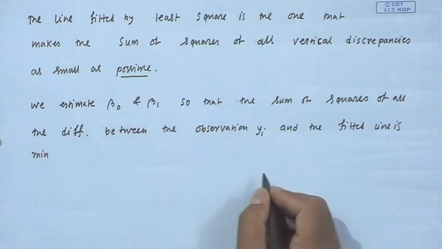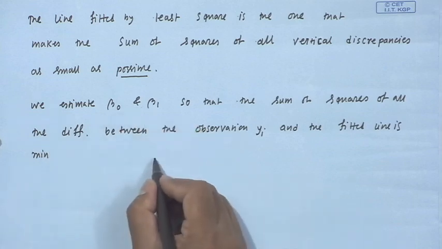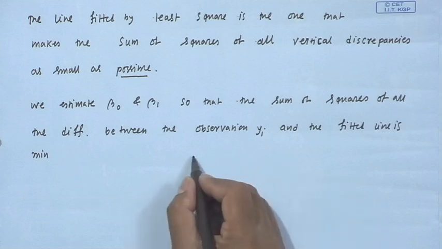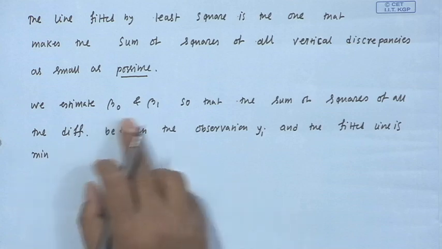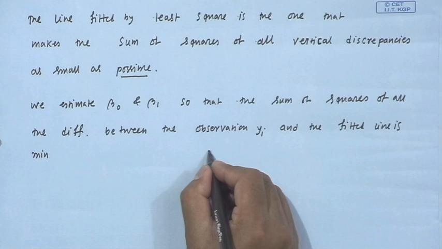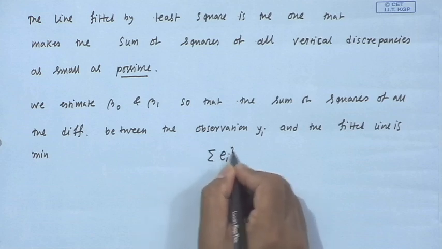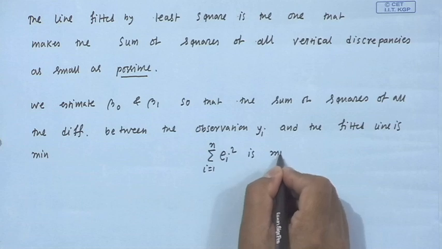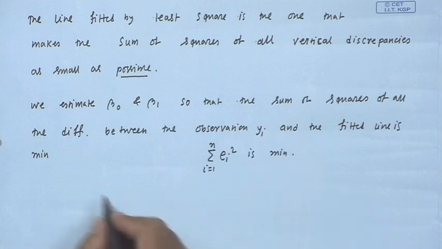The meaning of this is that you compute all the residuals e 1, e 2, e 3, up to e n, and then this beta naught and beta 1 are estimated so that this summation e i square, i equal to 1 to n, is minimum. Okay. So, I will write this.